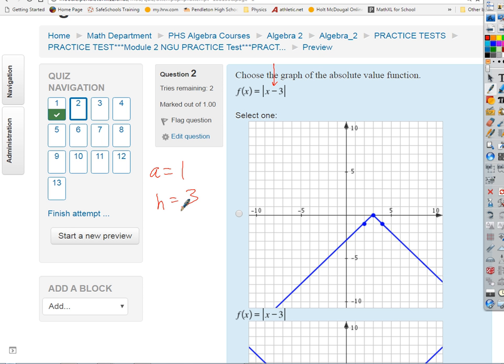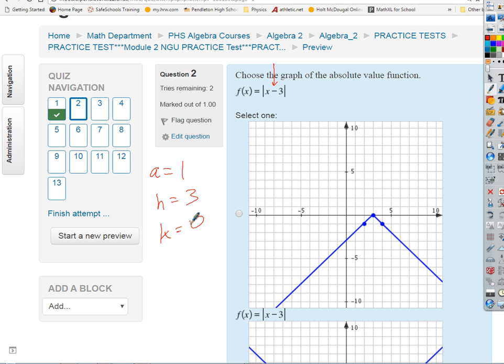Now you see why k is 0? Because k is being added, and if there's nothing being added, then that would be 0. This goes all the way back to Algebra 1. The identity number for multiplication is 1, right? 1 is the number that I multiply something by to keep it the same. 0 is the identity number for addition. So if I'm adding or subtracting and something's invisible, then I'm adding or subtracting a 0.